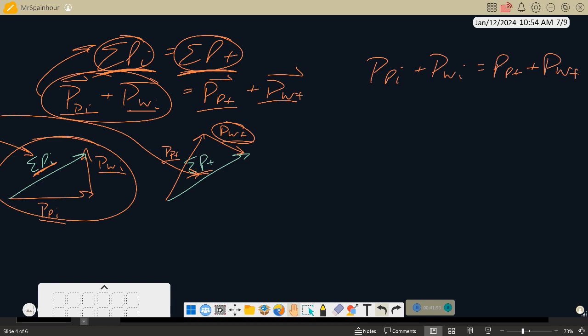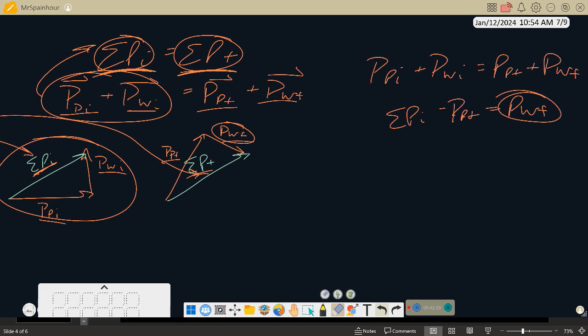Yep, you subtract. Actually, we combined these together already, so I'm going to combine this. This is the total momentum initial, which is equal to the total momentum final plus the Wrangler final. So I just subtract that on both sides to get this right here.